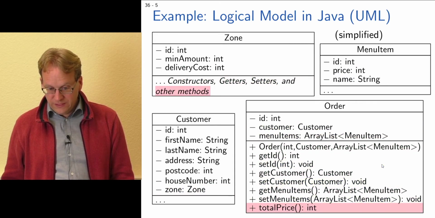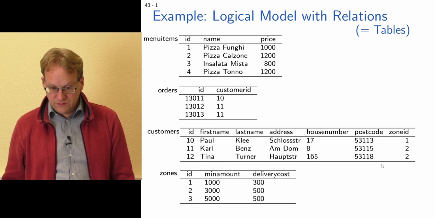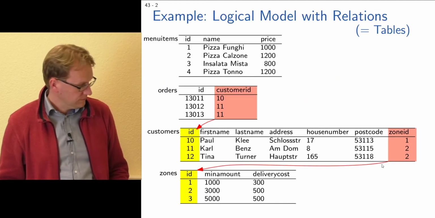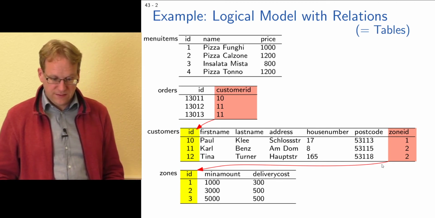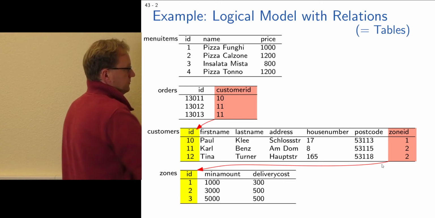Well, we may think of a solution as follows. Well, we have the orders and the menu items. I'm showing that on the whiteboard in a minute.